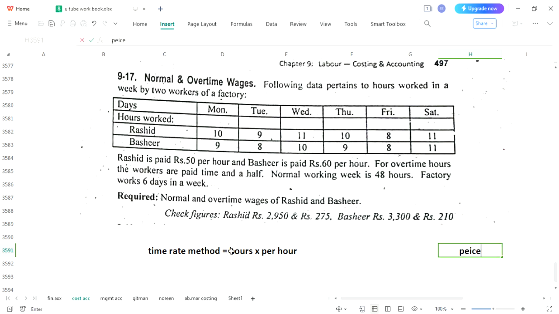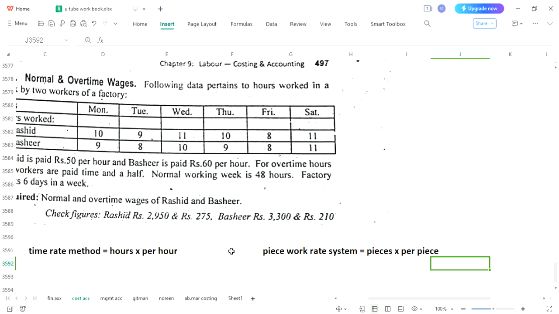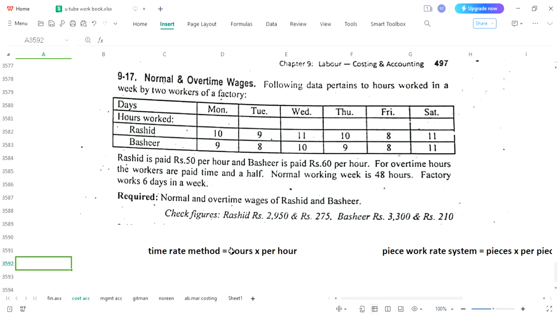Second, we have seen the piecework rate system, under which we conclude how many pieces a worker has made, and it is multiplied by the per piece rate. So right or left, under or down, direct or indirect, we will be associated only with these two factors, and you will see we will use any one or both of them in all of the questions. Perhaps in 16 questions you already have in mind that we have used only these two main factors.